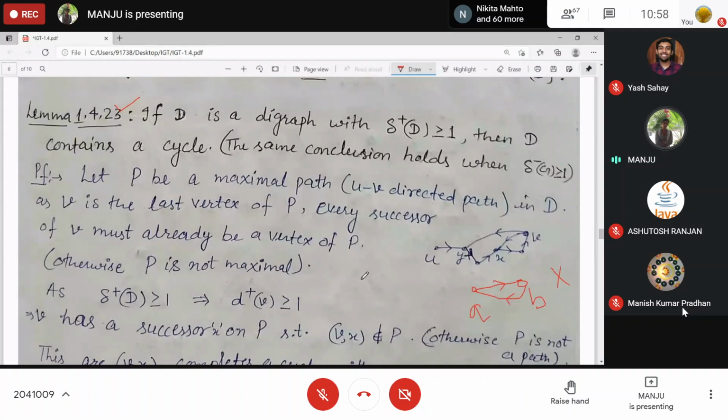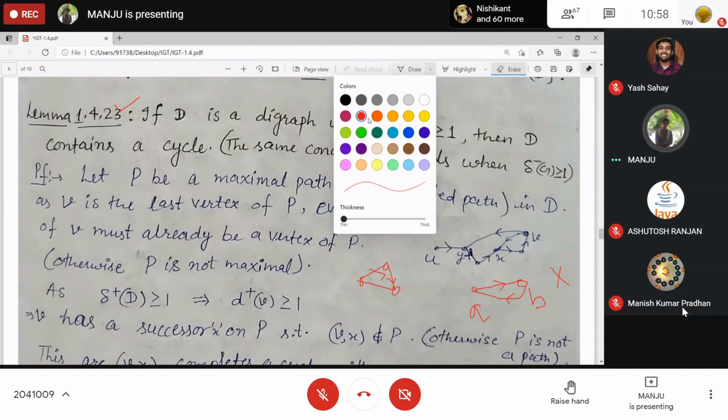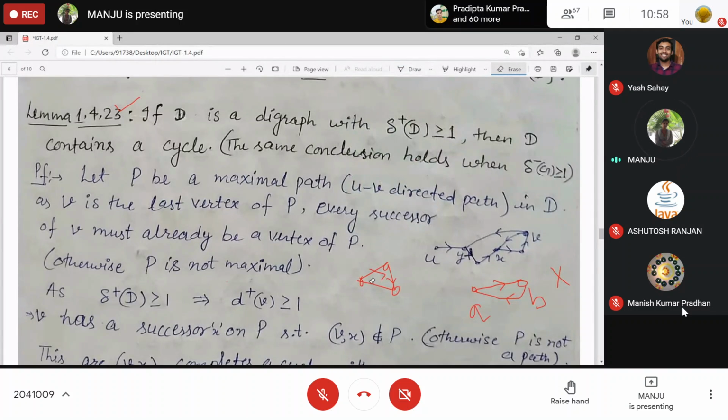So if every edge of the graph has exactly one direction, then you can say the diagram is oriented.